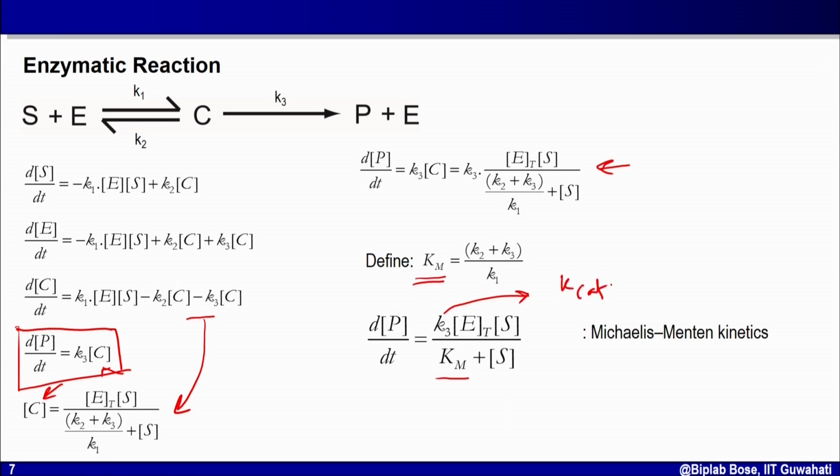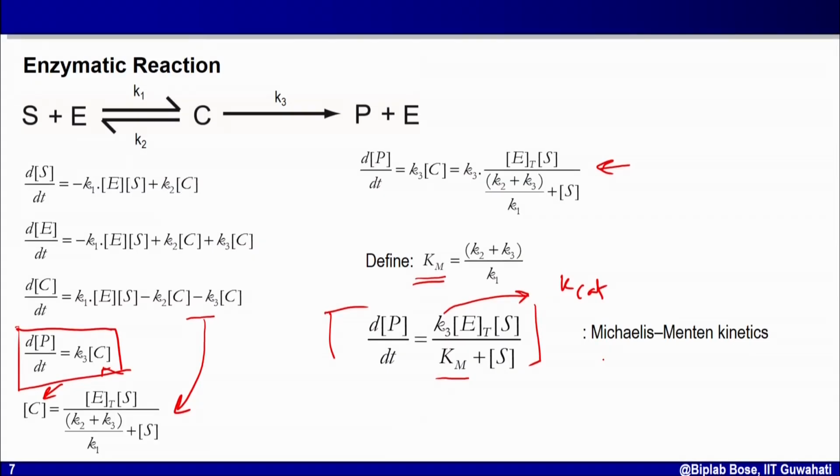In some textbooks you may find K3 called Kcat. This whole ODE is essentially the ODE for product formation if I consider those two assumptions, that substrate is much more than the enzyme and C is in a quasi-steady state. And this kinetics is called Michaelis-Menten kinetics.